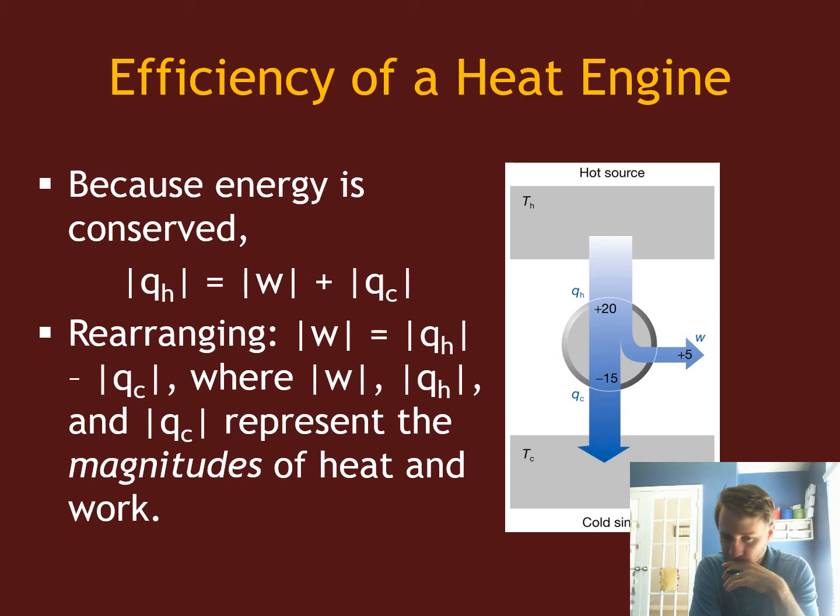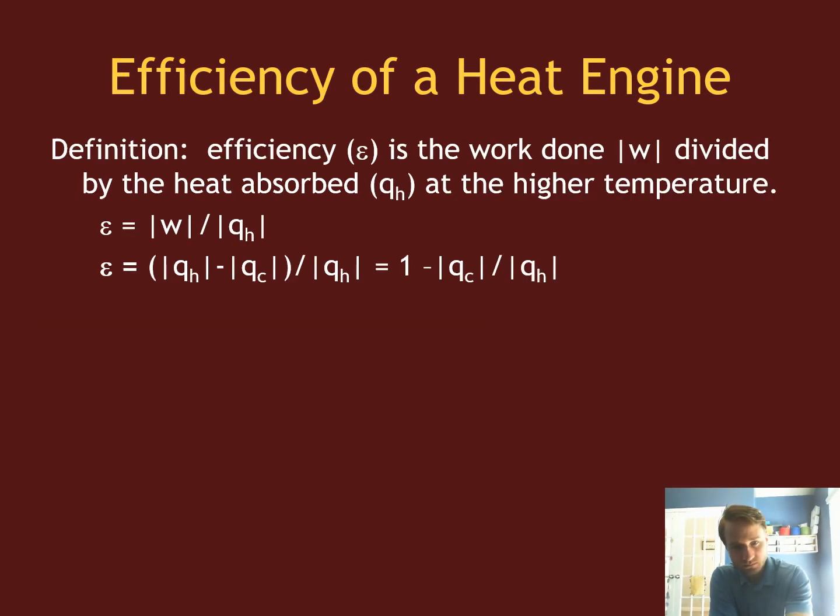Again, here I'm just focusing on the magnitude of these values, not their actual signs. And so we're going to define the efficiency of a heat engine as the amount of work that's done divided by the amount of energy that was absorbed by the engine, the energy that was taken in. That's saying what's the amount of work that I got out over the amount of energy that I put in. And that's the efficiency.